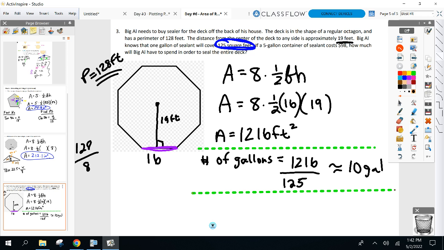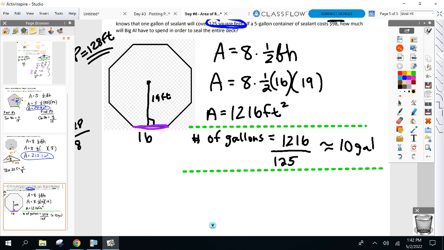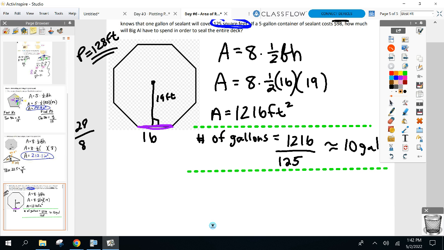What do you know about these buckets or containers I need to buy? Tammy? They're 5 gallons. So I don't need 10 buckets. Every container contains 5 gallons. So how many am I going to need? So I'm going to need 2 containers at $98 apiece.